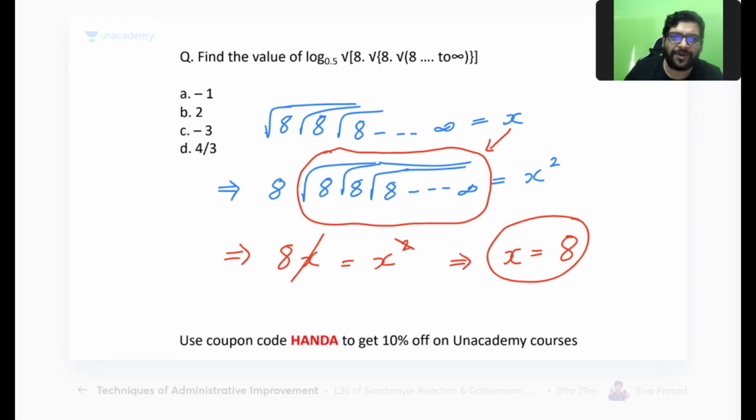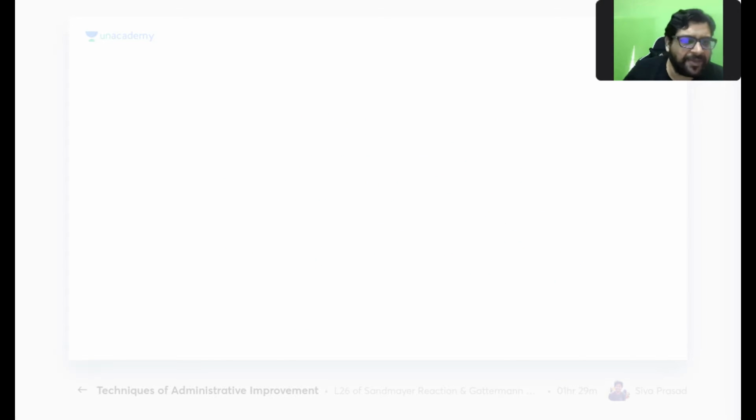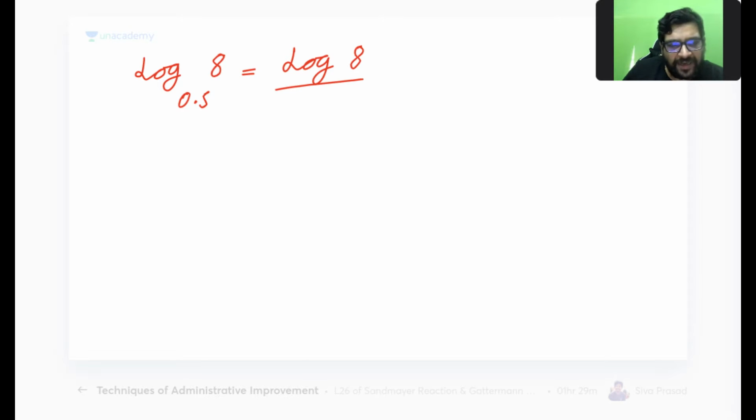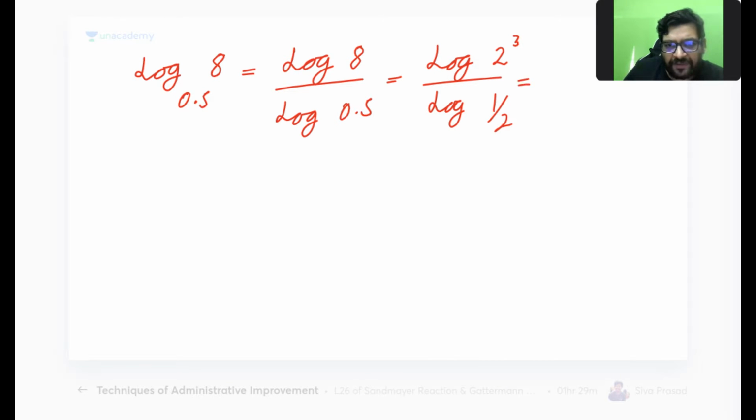And once I get the value of X equal to 8, then my question becomes relatively simpler, because I have to calculate log 8 to the base 0.5, which is log 8 divided by log of 0.5. Log 8 is log of 2 cube, and this is log of half. So this is 3 log 2.